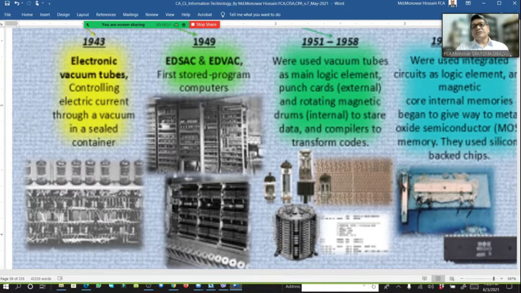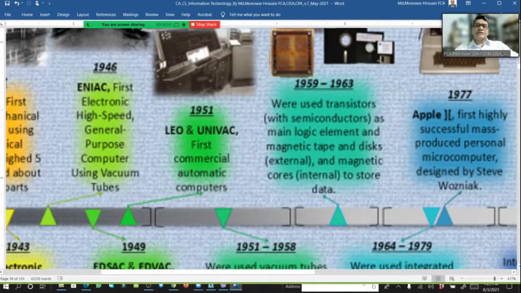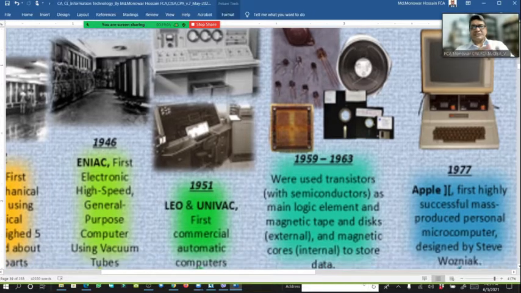So this is the revolution of 1951 to 1958. Then from 1959 to 1963, transistors with semiconductors were used as the main logic element, with magnetic tape and disks to store data. So the vacuum tube was replaced by the transistor.